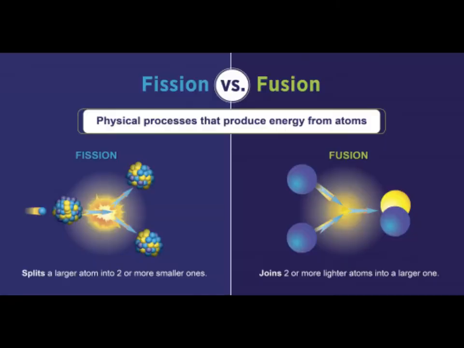They are opposing processes and they are very different. The word fission means a splitting or breaking into parts. Nuclear fission releases heat energy by splitting atoms, while fusion combines two small particles to produce a big atom that will give a big energy.